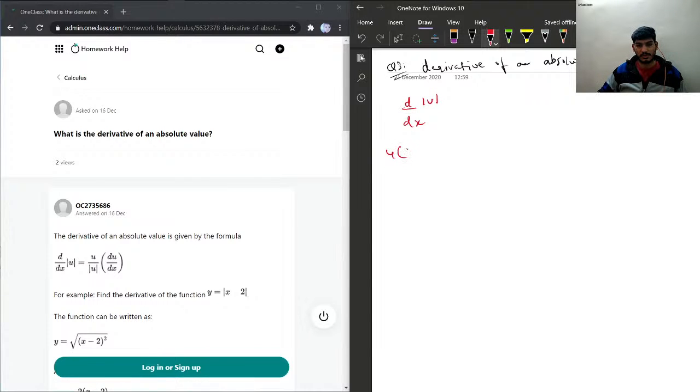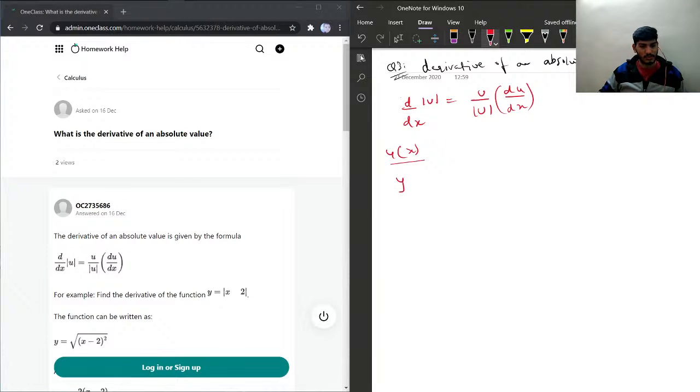We have a direct formula for this, which is u over magnitude of u times du over dx.